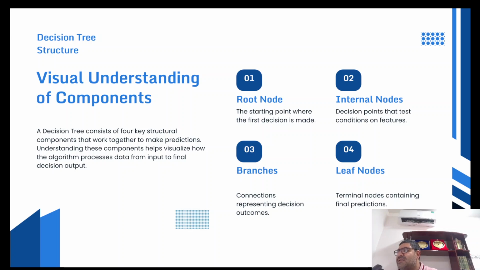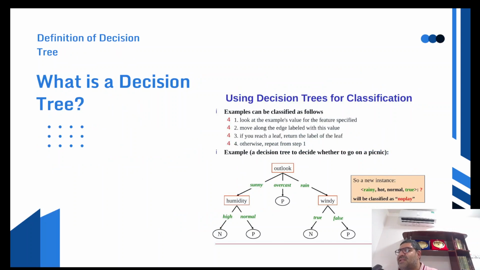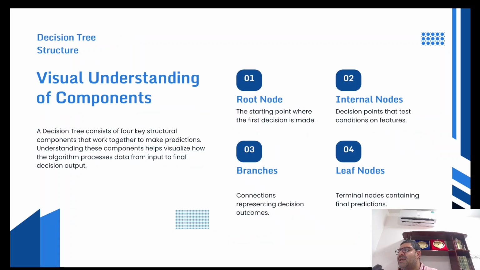These are the branches, and these conditions in between, which are connecting, are called internal nodes, decision points that test conditions on features. So we can correlate it to any example for that matter, not only the one previously given.